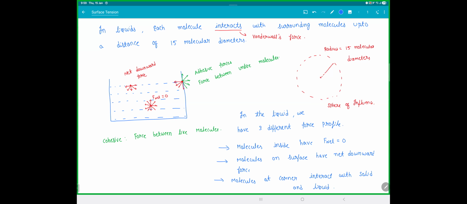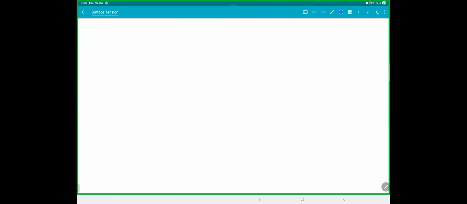Now, if you try to see the molecule surface, you will notice the molecules inside are completely random because net force is zero. They're just moving everywhere. But if you look at the molecules on the surface, now something happens.